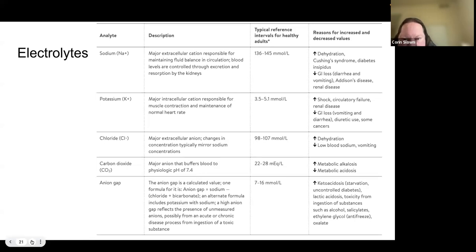Decide what your number for potassium will be. Decide what your number for chloride will be. And then carbon dioxide, in this case, bicarbonate is the anion that we're going to be calculating. You can assume that it's between 22 and 28 milliequivalents. So let's take a moment and practice calculating that anion gap.